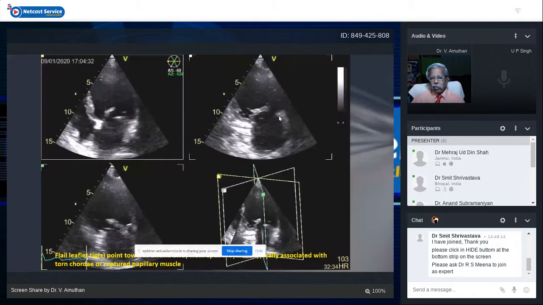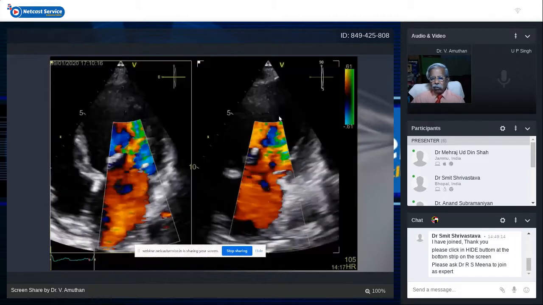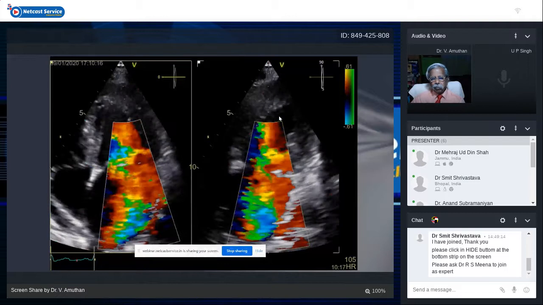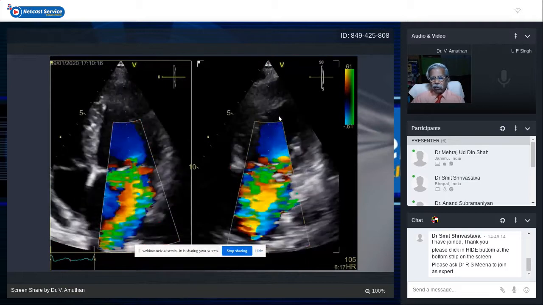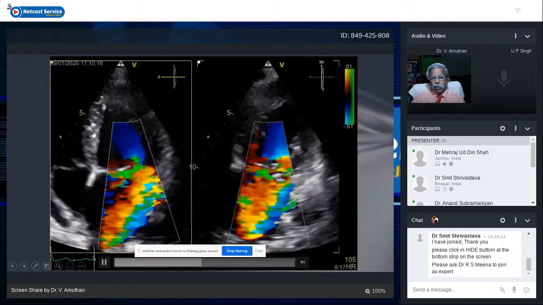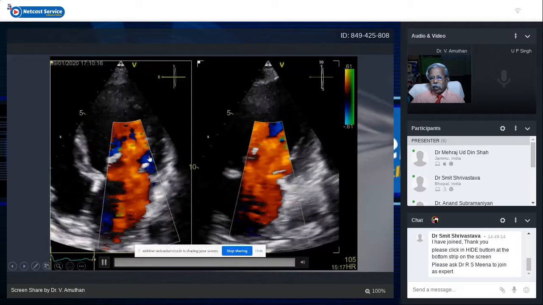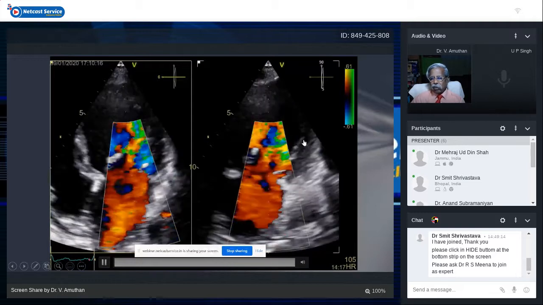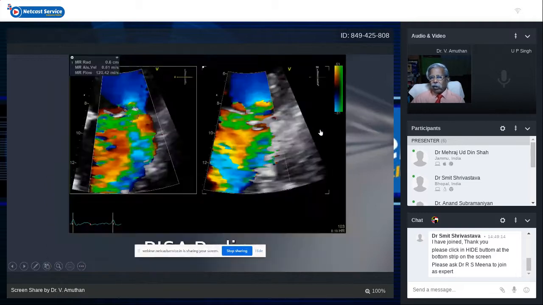So this is a triplane view, and this is the mitral regurgitation jet, seen in the 4-chamber plane, and this is the 2-chamber plane. This is called a biplane view, and you can see the PISA head, and the PISA radius is 0.6, which is very much abnormal.